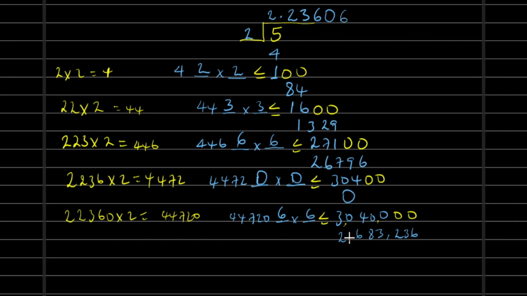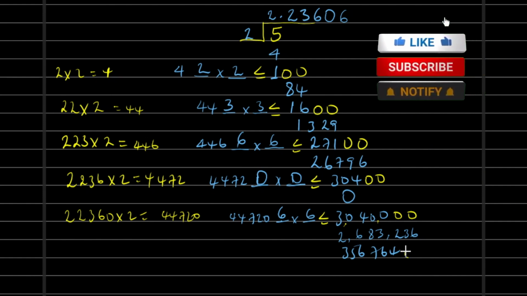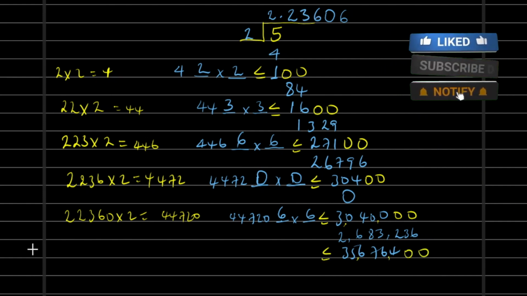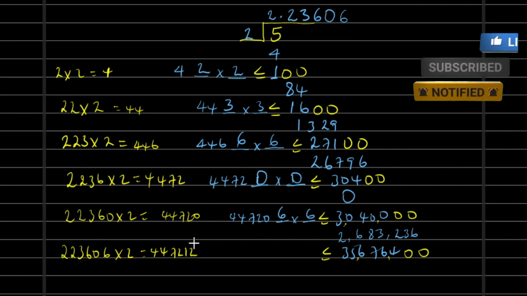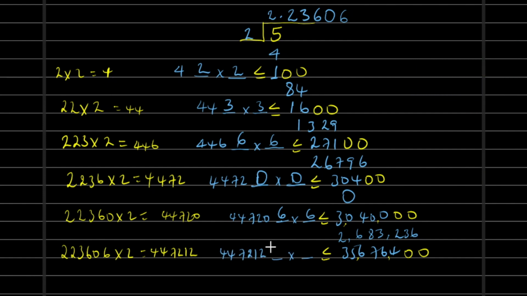When we subtract this, similarly, we add 2 zeros here and double this number, 447,212. If we insert 8, it becomes more than this number, and the next digit is 7. So it goes in this form. Therefore, radical 5 is irrational, because the digits after the point are not terminating and not repeating.